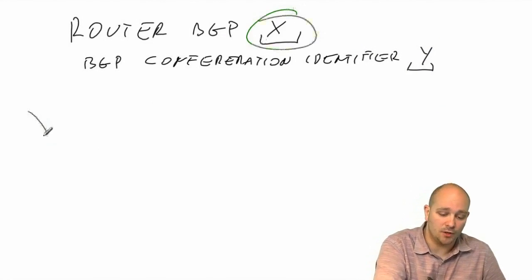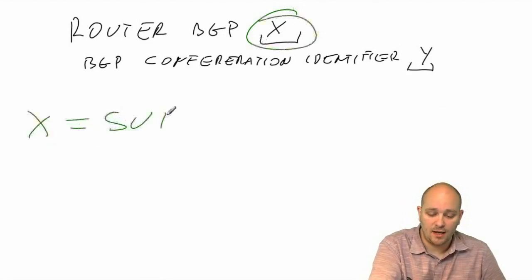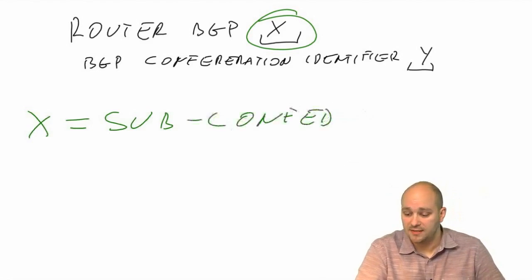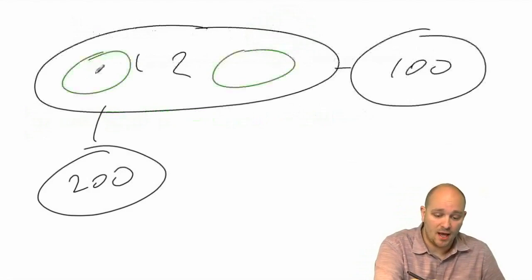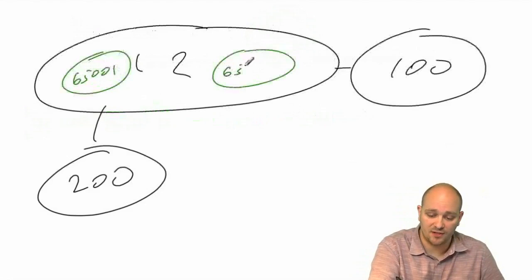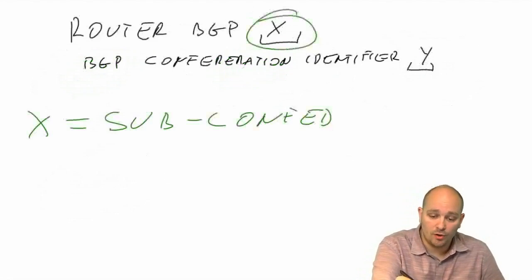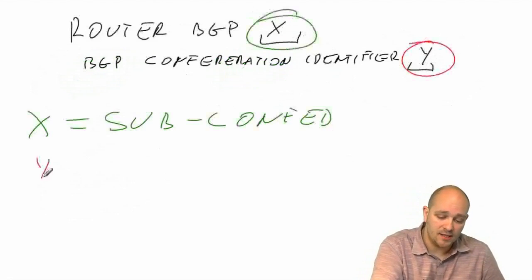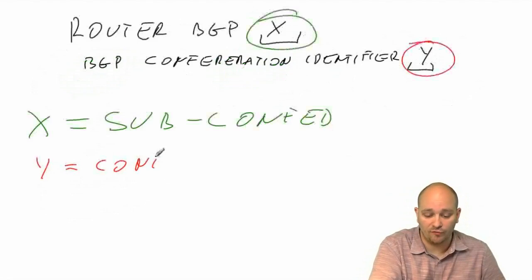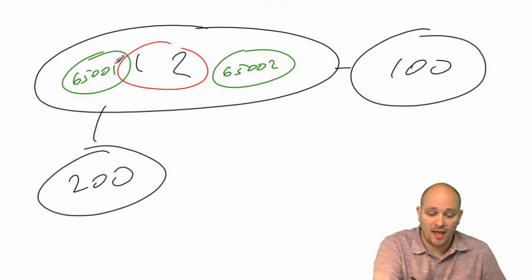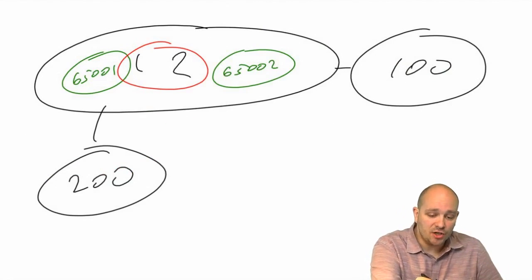Now, this X here is a sub-confederation AS, which means in this case it would be our 65001 or 65002, depending on which router we are configuring. And this number Y here is actually the confederation identifier. So it would be our AS12.